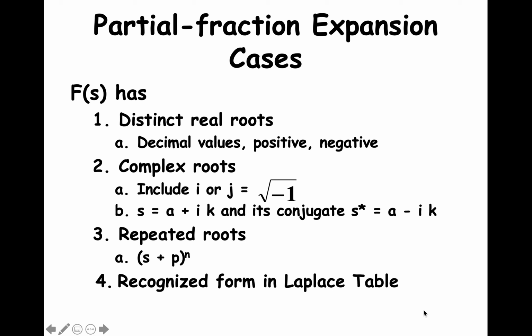This will be covered in the next video. The third case is when we get repeated roots, covered in another video. Finally, the last case is when the expression F(s) is already in a form that we can find in the third column of the Laplace transform table. Then we don't need to use the partial fraction expansion technique.